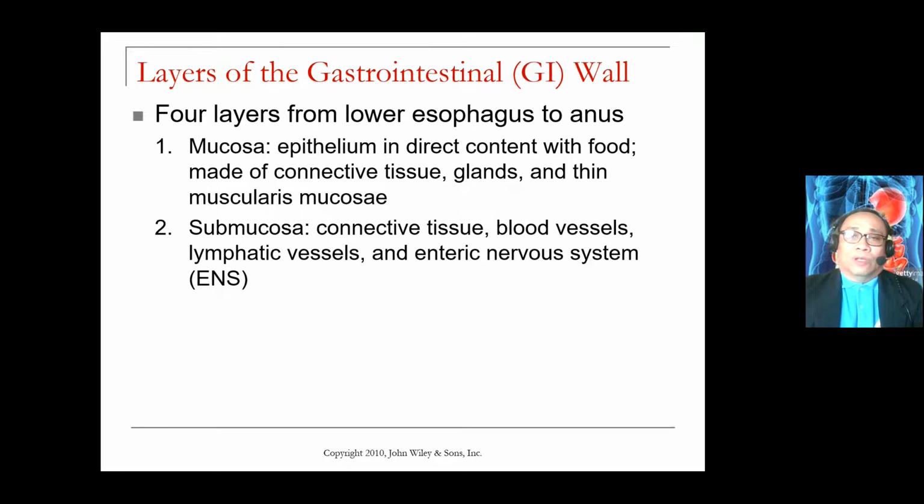So underneath the mucosa, which is the innermost layer, would be the submucosa, where underlying this would be connective tissue, blood vessels, lymphatic vessels, and the enteric nervous system.